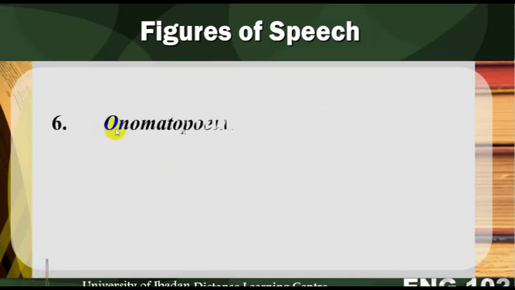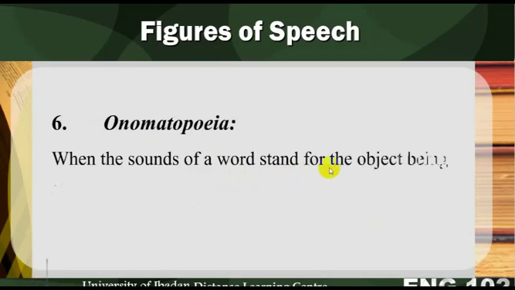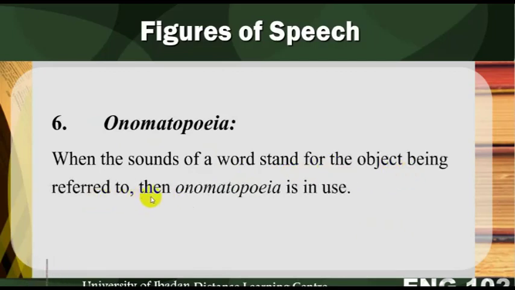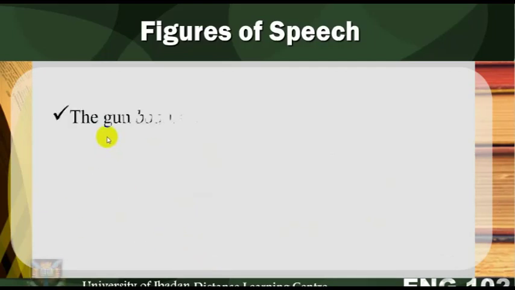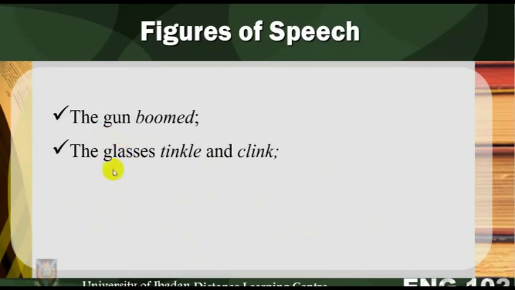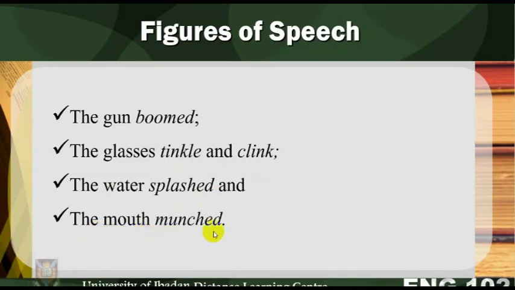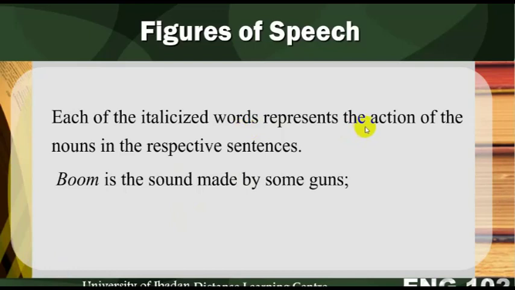Number 6. Onomatopoeia. When the sounds of a word stand for the object being referred to, then onomatopoeia is in use. Thus we say, the gun boomed, the glasses tinkle and clink, the water splashed, and the mouth munched. Each of the italicized words represents the action of the nouns in the respective sentences.